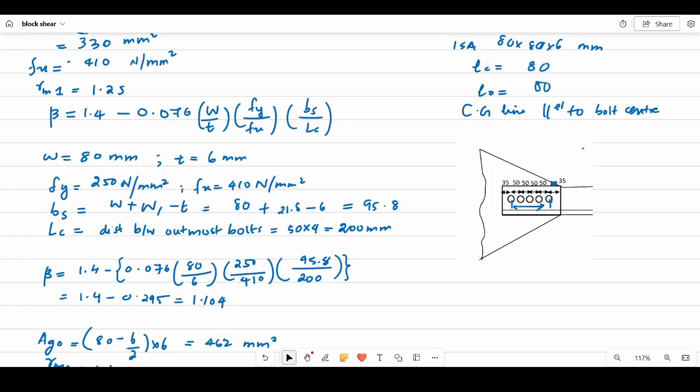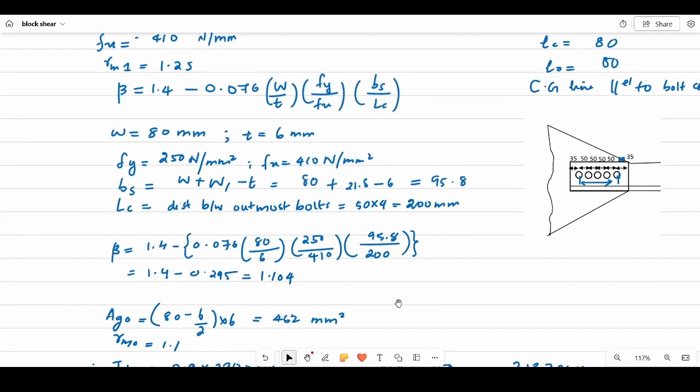So this is basically the length of the connection. In our question, we have calculated the pitch distance as 50, end distance as 35. If there are 5 bolts, in between there will be 4 spacings, 1, 2, 3, 4. So the total end to end LC value will be 4 times 50, which will be 200.